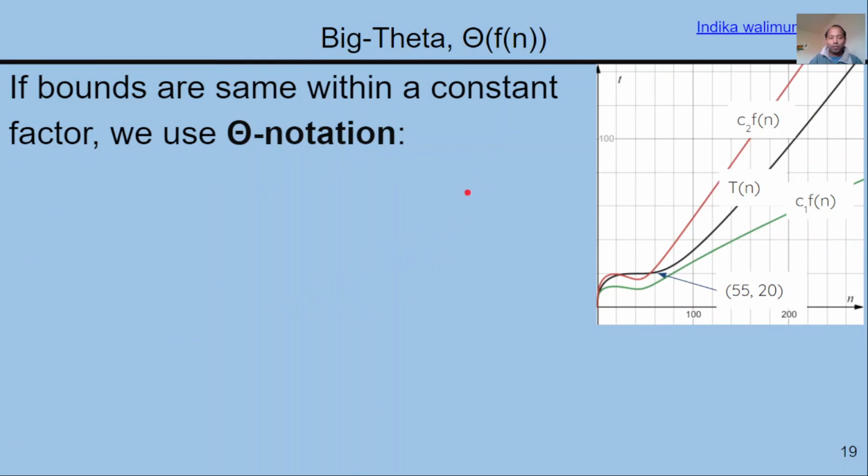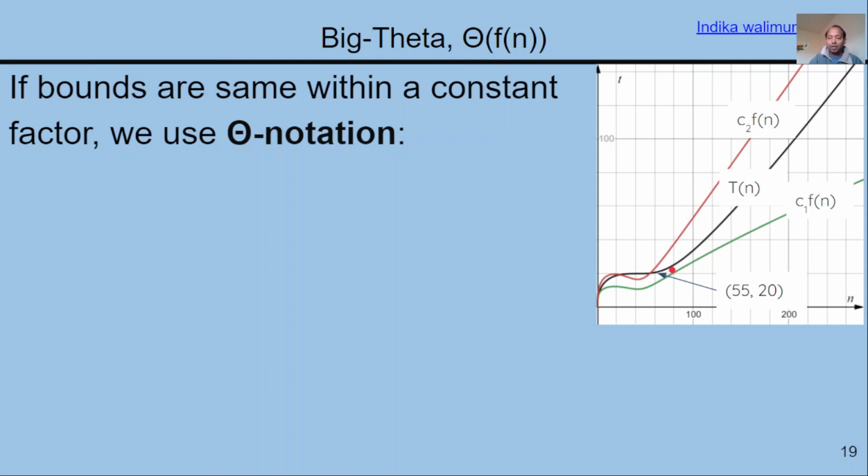All right, let's talk about big theta notation. If the bounds are the same within a constant factor, for example in this function, again this is our cost or growth function T(n), and then we have c2·f(n). Notice it's the same function f(n) over here, but the constants are different: here it's c1 and here it's c2.